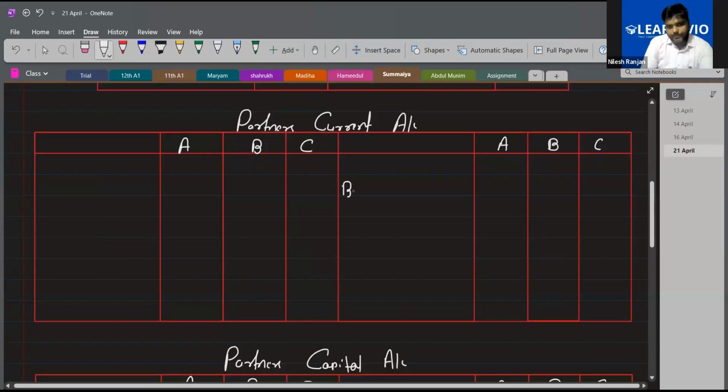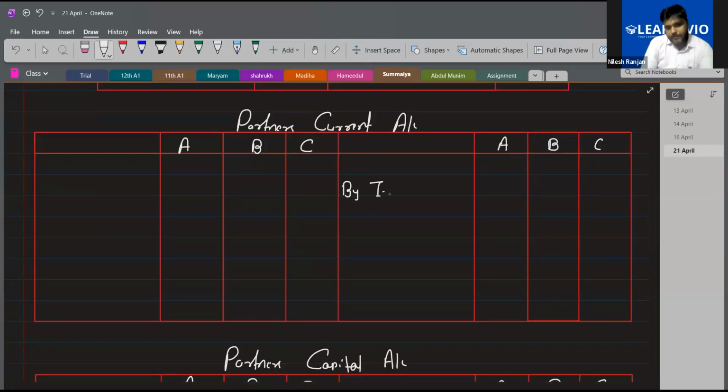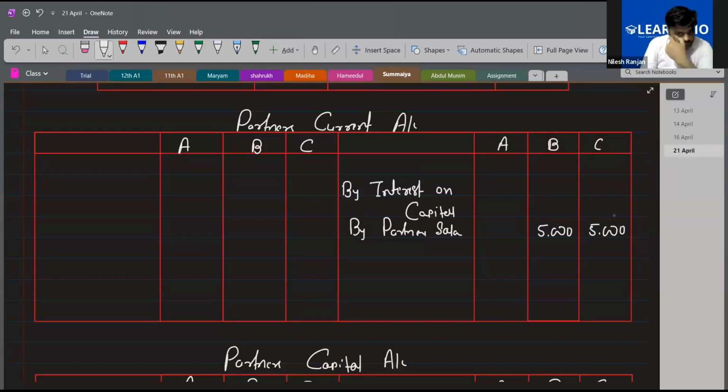So by interest on capital and by partner's salary. Partner's salary will be written in B and C. We don't have any calculation to do for partner's salary. It is given here, you can see.